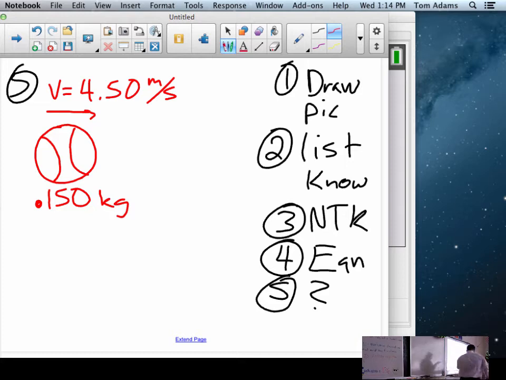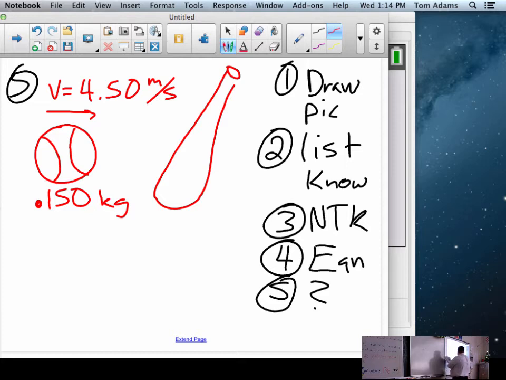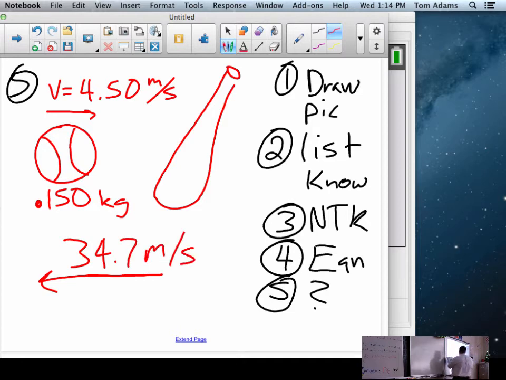Okay? And then it hits a bat. And when it hits the bat, once it hits the bat, then it moves in another direction at 34.7 meters per second.